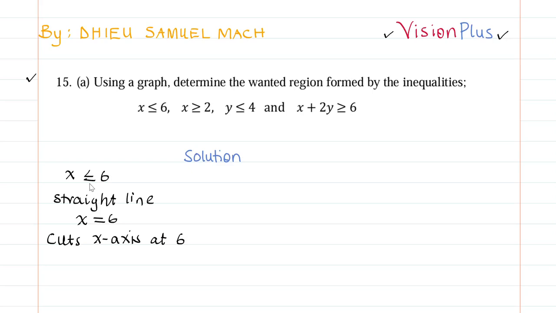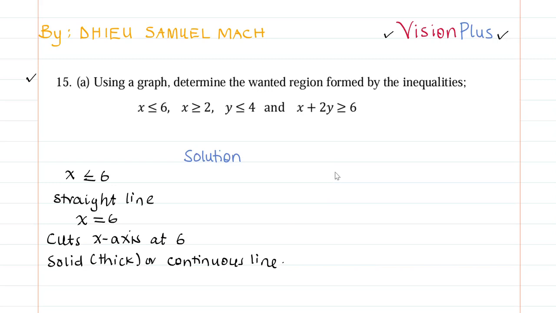So since x can be equal to 6 or x is less than 6, then our line becomes a solid line, solid or thick line, or continuous. Actually, this is the main thing. It should be a continuous line. What do you remember?